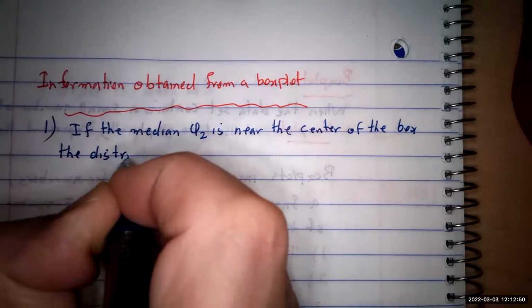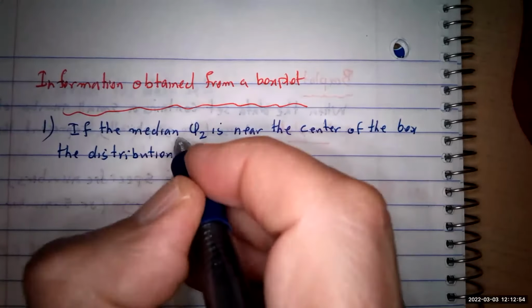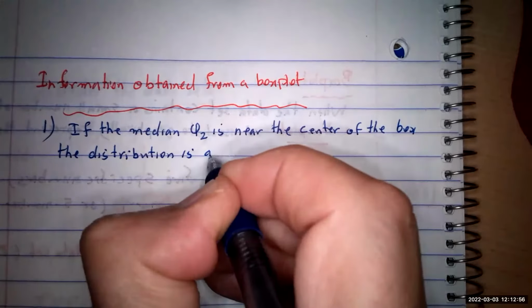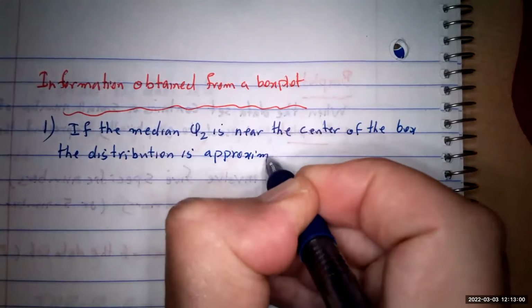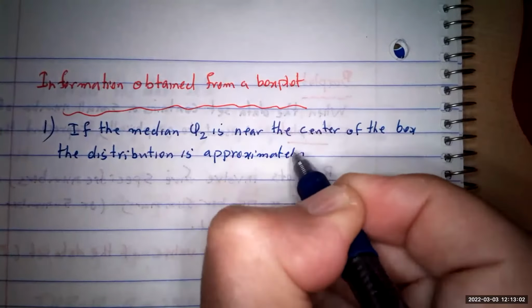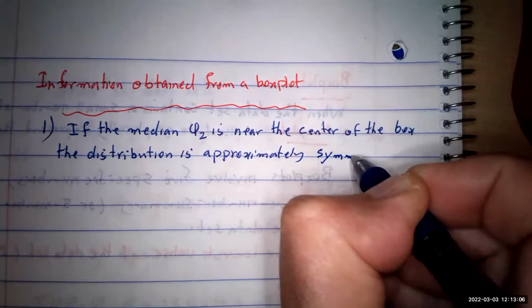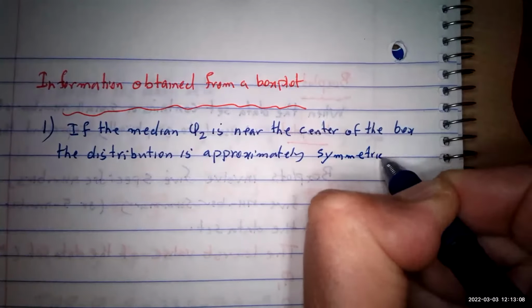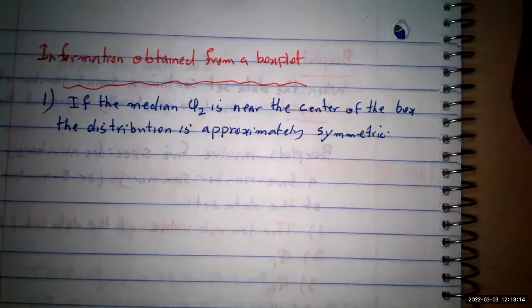That's the best case. The distribution is approximately symmetric. So this means your information is very usual, regular for your test, your set, because it's 50% to the right, 50% to the left.